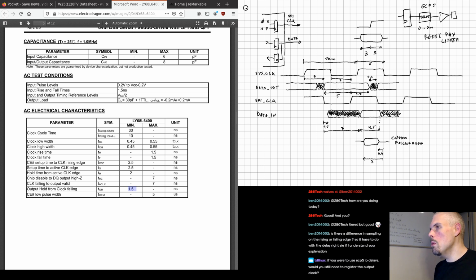So you would still use a DDR output flip-flop, except here you would have 1 and 0 instead of 0 and 1, for instance. But yeah, to output a clock, if you want that clock to have a known phase relationship to the output data, you should use an I/O register.